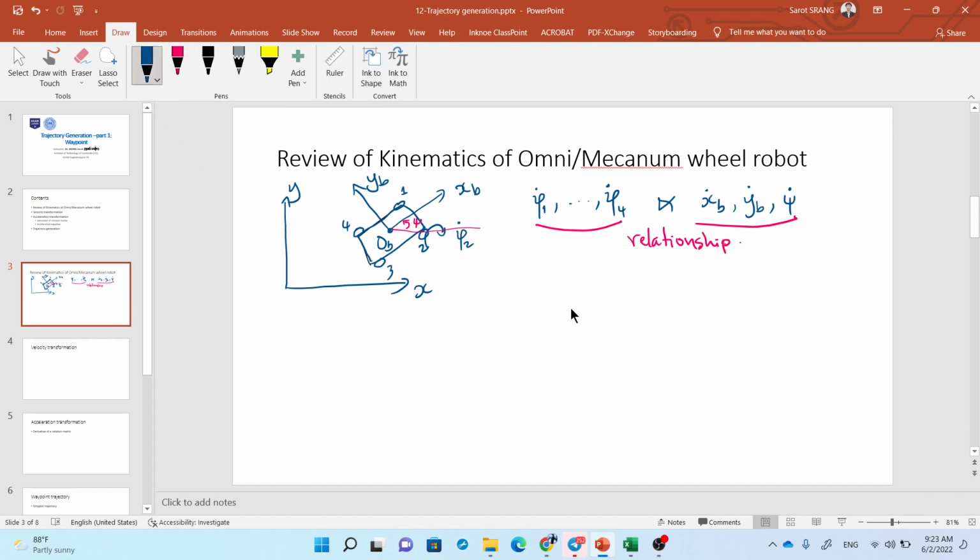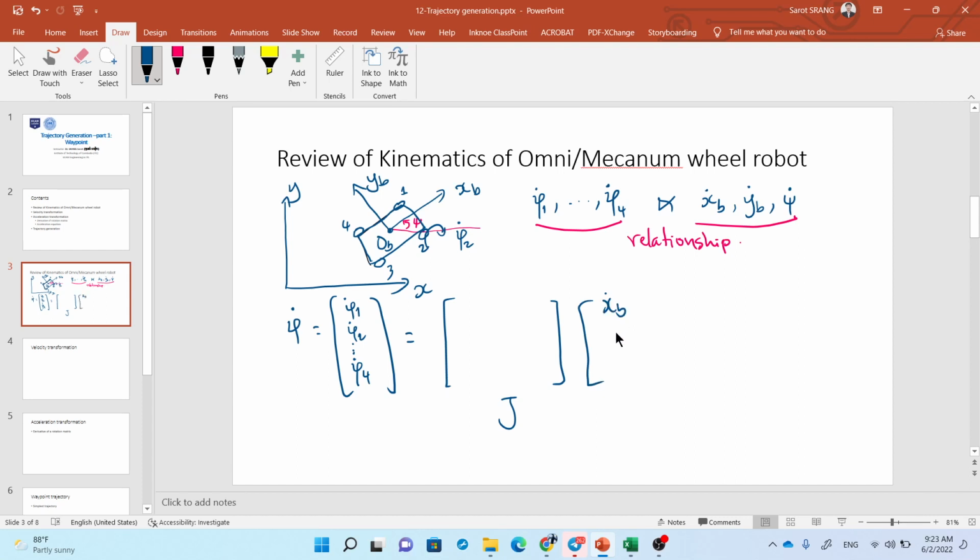Okay, and the relationship is defined by the equations like this. We have phi dot, that contains all phi one dot, phi two dot, up to phi four dot, equal to a matrix J times XB dot, YB dot, and psi dot.